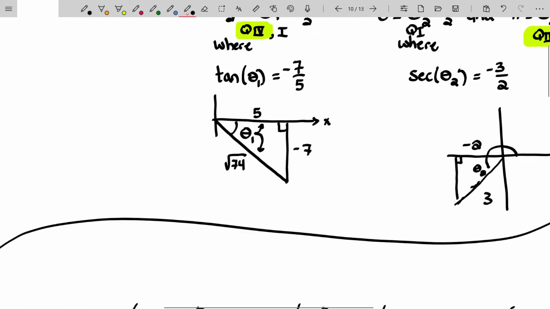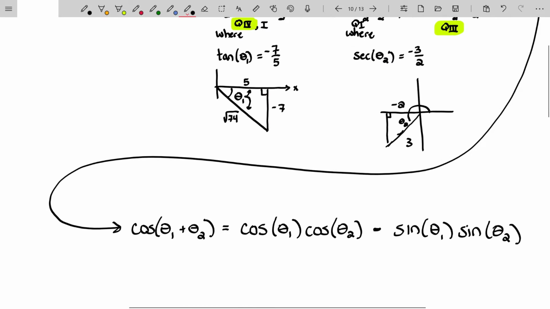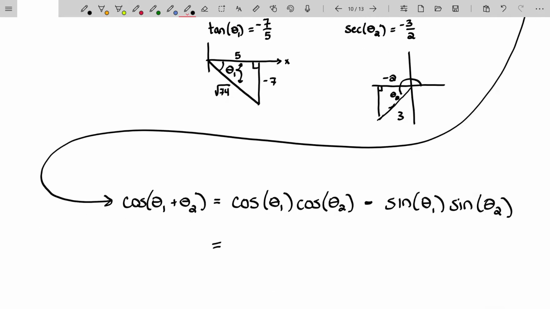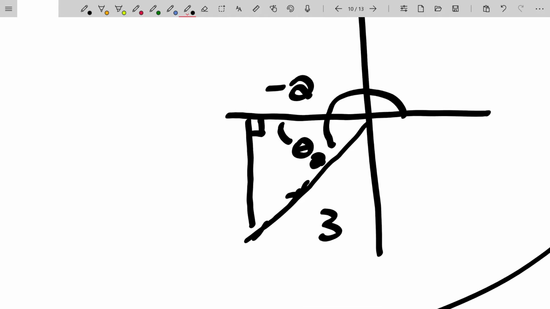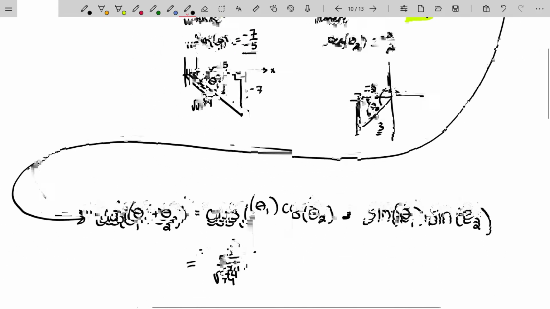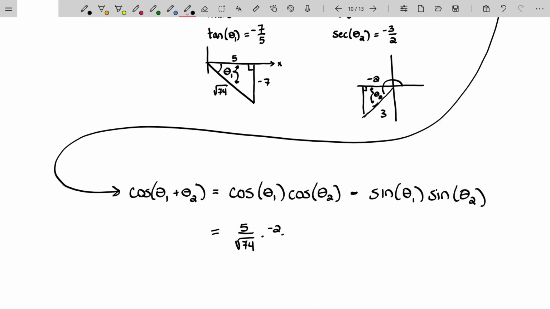So cosine of theta 1 is 5 over root 74, times the cosine of theta sub 2. Well, that's here, and that's just adjacent over hypotenuse, which is negative 2 over 3. Negative 2 over 3.